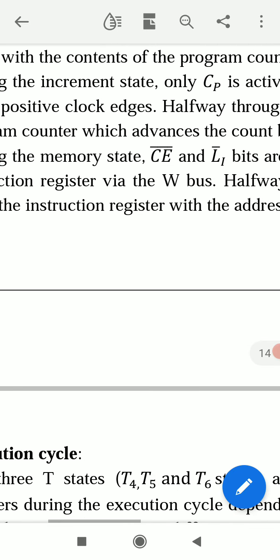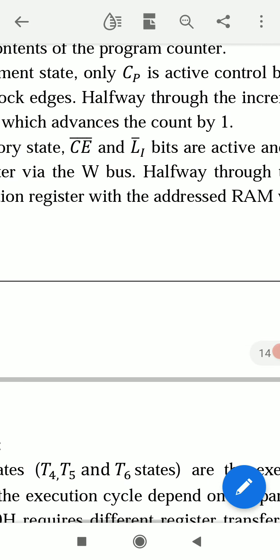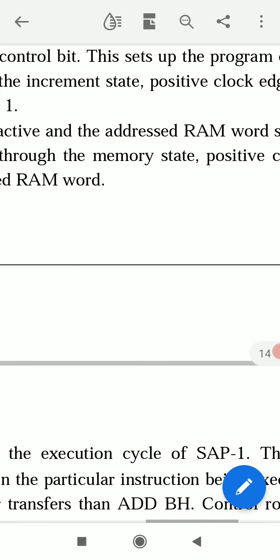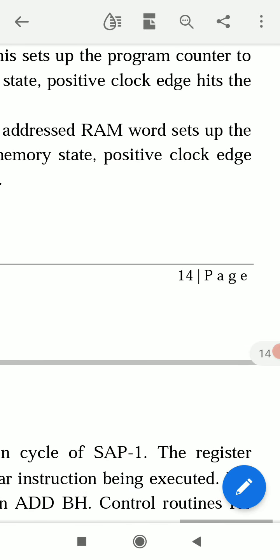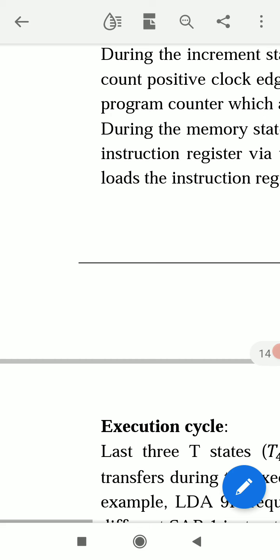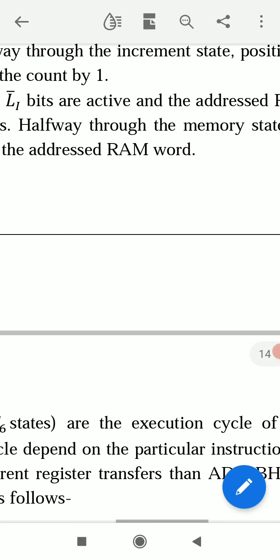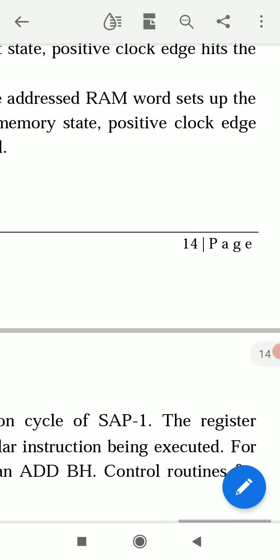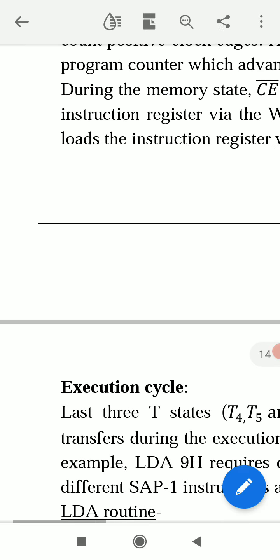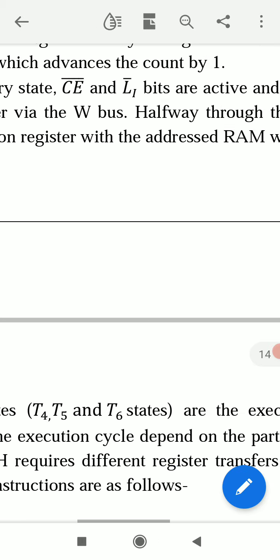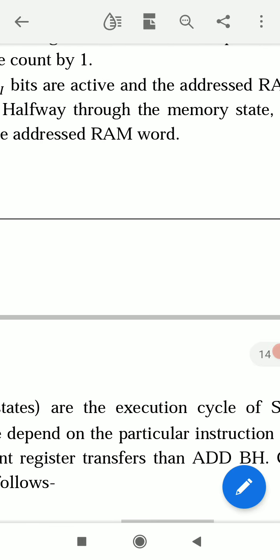During the memory state, CE bar and LI bar bits are active and the addressed RAM word sets up the instruction register via the W bus. Halfway through the memory state, the positive clock edge loads the instruction register with the addressed RAM word.